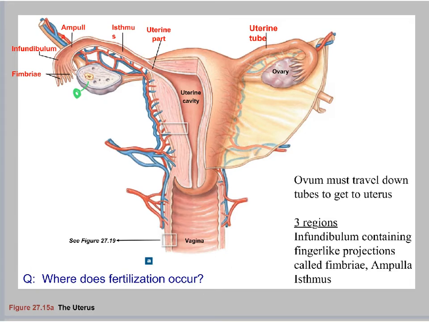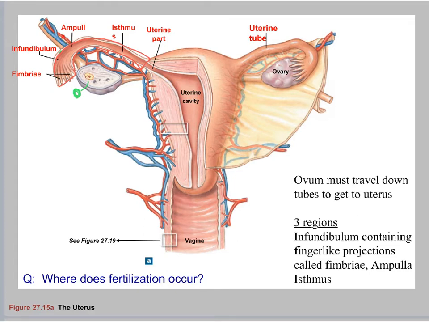And that region is the fallopian tubes. And you can see the fallopian tubes here. This entire region is the fallopian tube. And the tubes can be broken down into subregions, and I'll tell you about those here in a second.